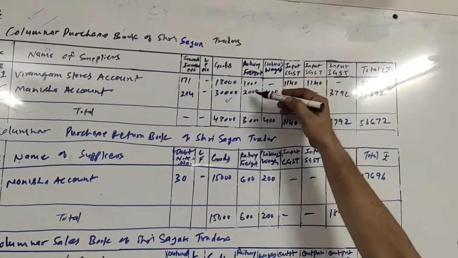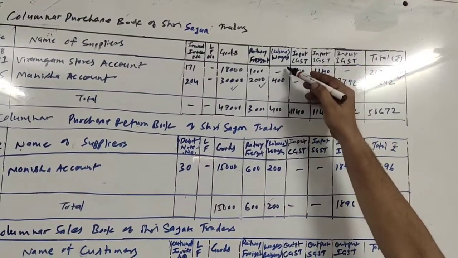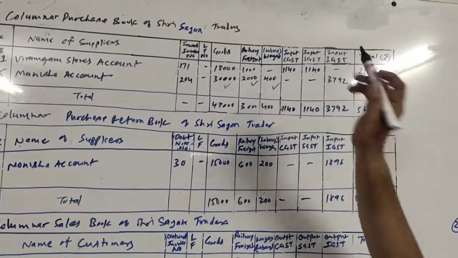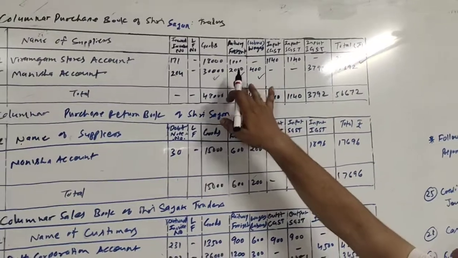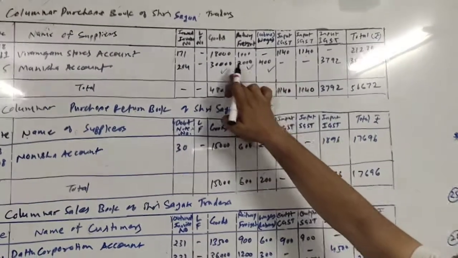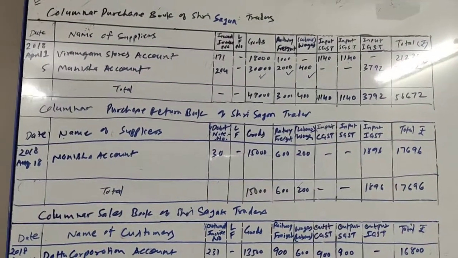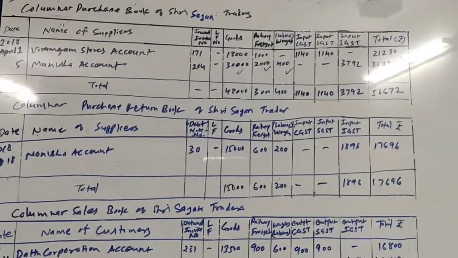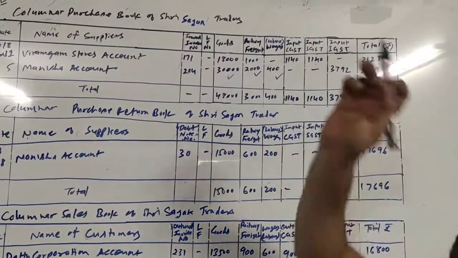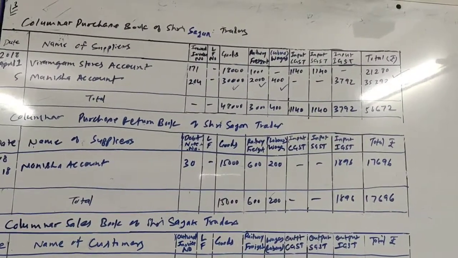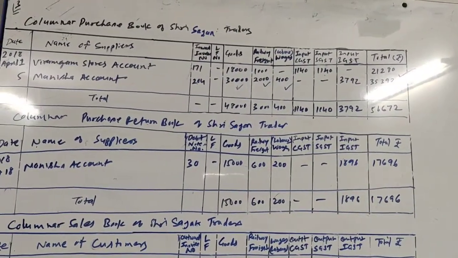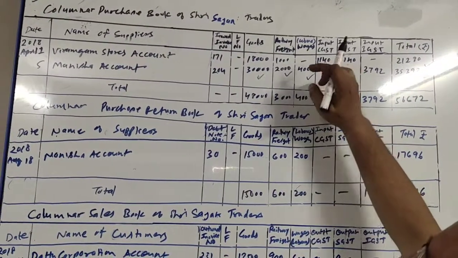Moreover, there is railway freight and wages of rupees 400, wages that is labor. Sorry, actually the railway freight is rupees 1,200.